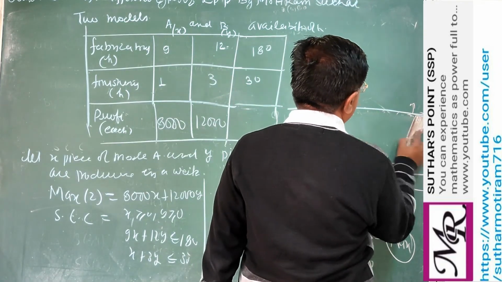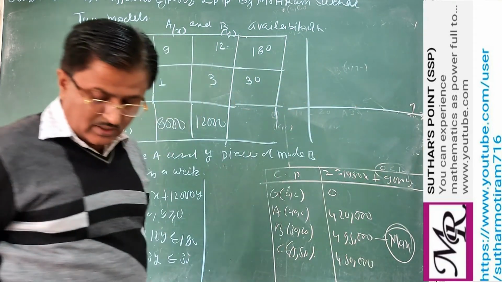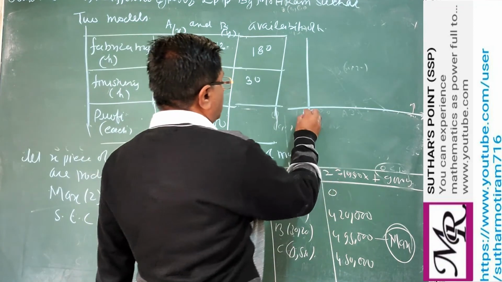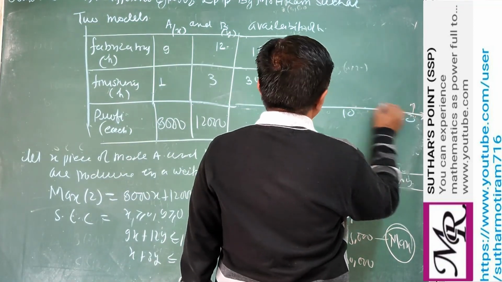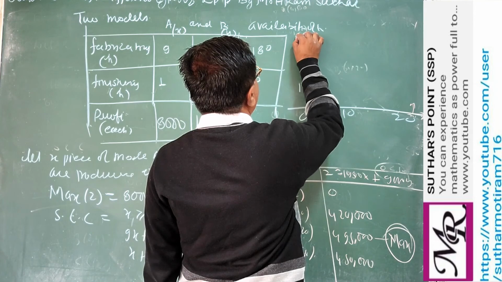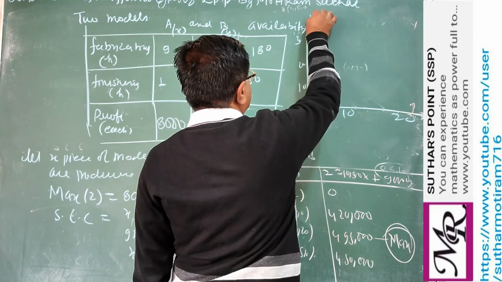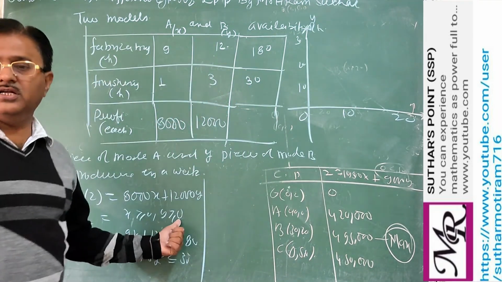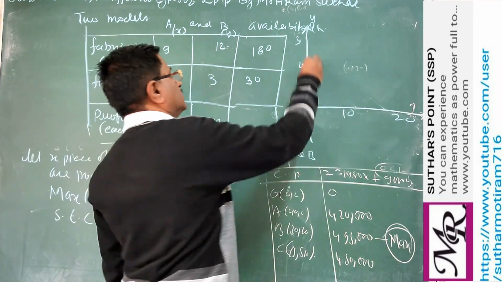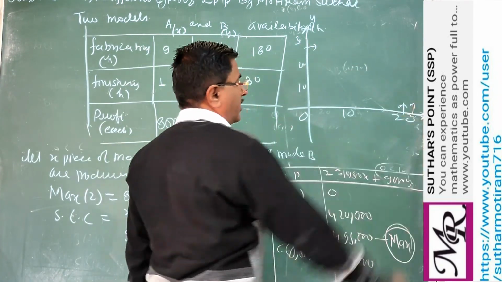If you want to draw the graph of both equations, take 0, 10, 20 on the x-axis and 10, 20, 30 on the y-axis. Since x is greater than 0 and y is greater than 0, the solution will lie in the first quadrant.